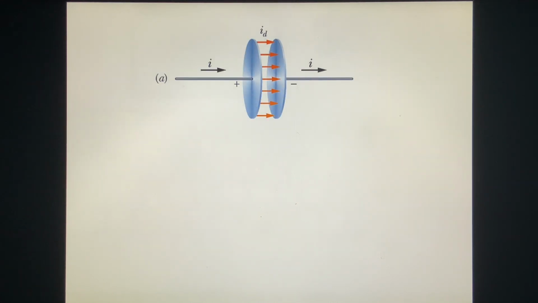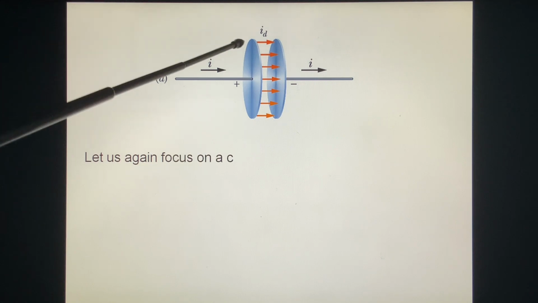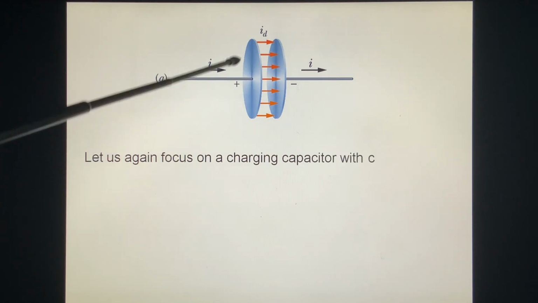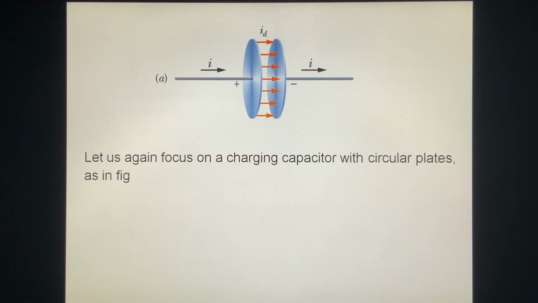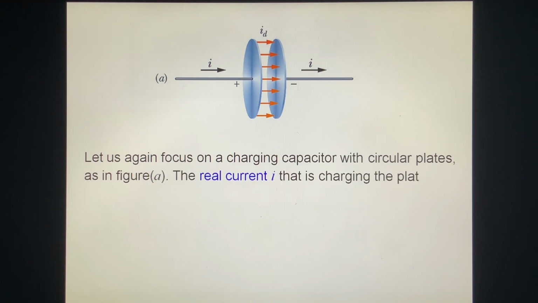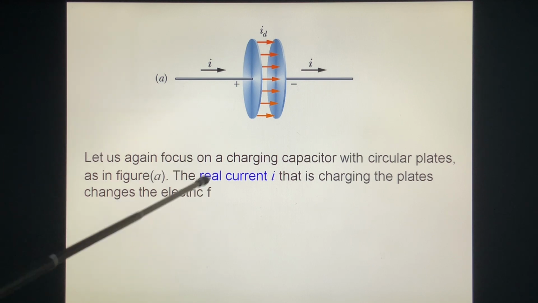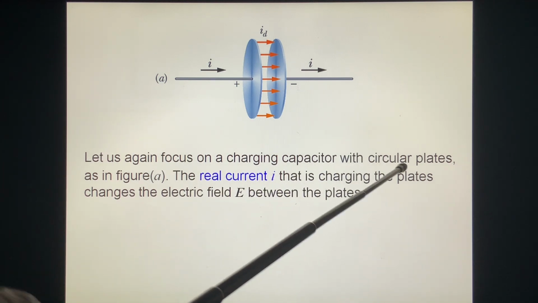We look at this case. You have an alternating current getting in. So this is a positive charge, and this is a negative charge. Inside you have an electric field from left to right, and we see we have displacement current I D. Let's again focus on the charging capacitor with circular plates.